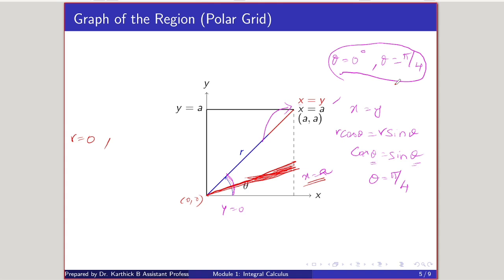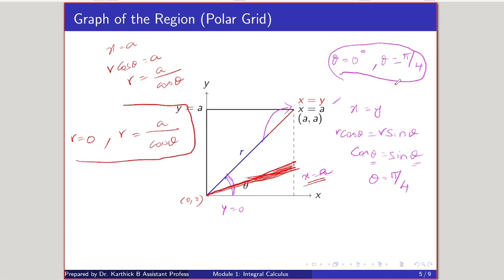With the help of this x equal to a, we want to find the upper limit of r. We know that x can be written as r cos theta equal to a, then r can be written as a by cos theta. So the upper limit of r will be a by cos theta.